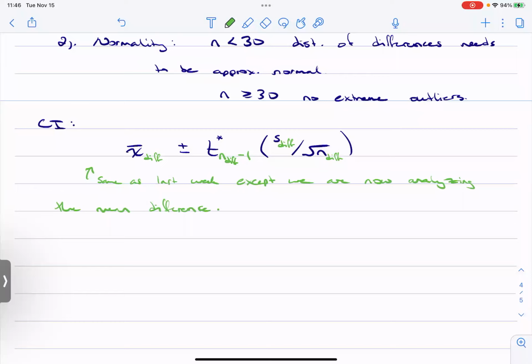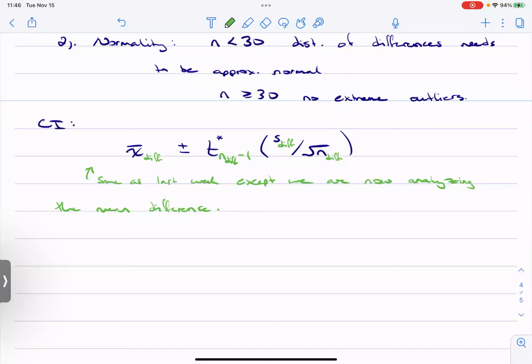Words matter, right? Because on Thursday, we're going to analyze the difference in the means. Notice how that's not the same as the mean difference. The mean difference is the average of the differences, and the difference in the means is the difference in two separate means. So it's going to get kind of boggy, but just remember, words matter, and be patient with yourself.